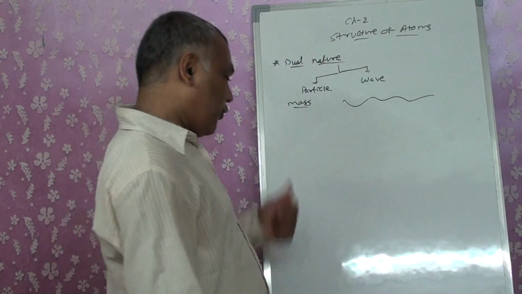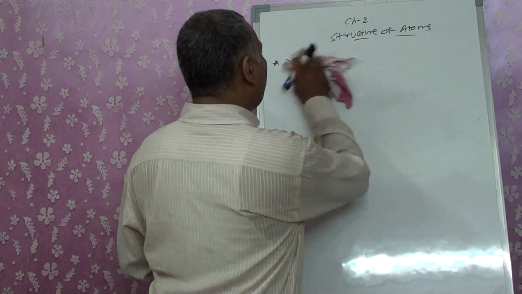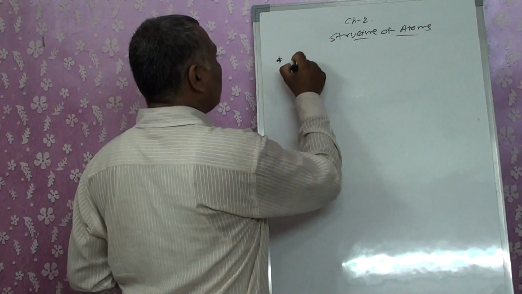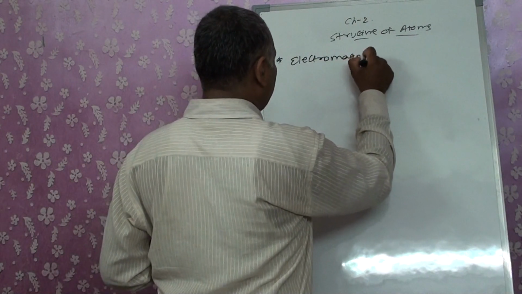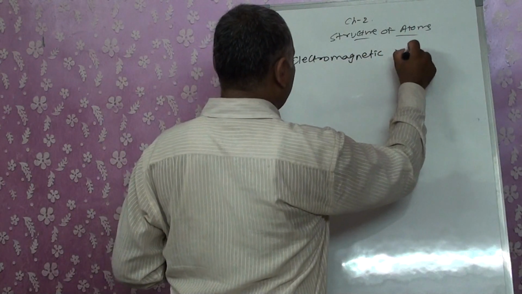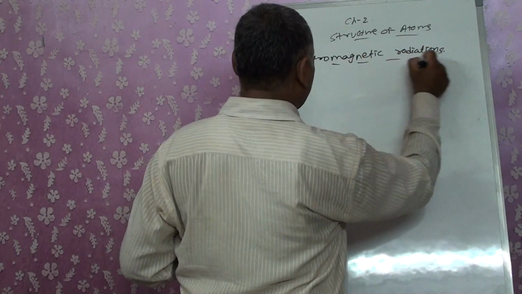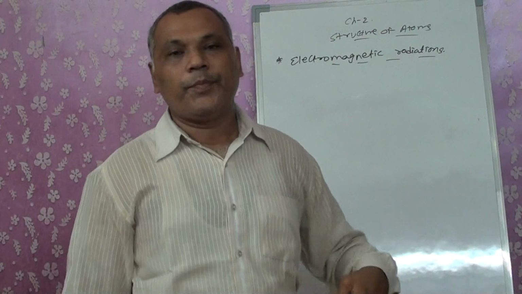right? Now first of all, this is very easy for us, because we know that when we want to prove a dual nature, it's about electromagnetic radiations, right?